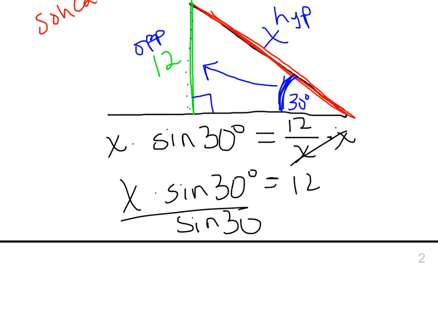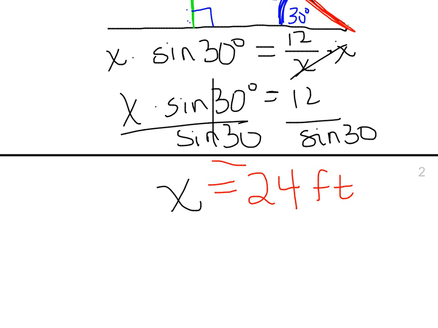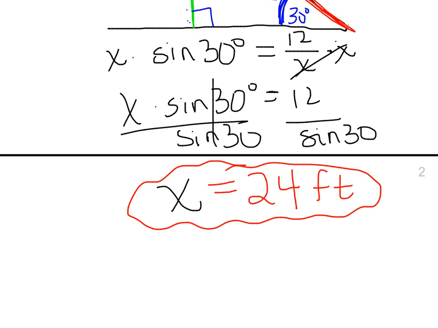Sine of 30 is actually 0.5 exactly. And in the end, we'll get that our answer, x, equals 24. And since we're dealing with feet, it's 24 feet. And that is the answer.